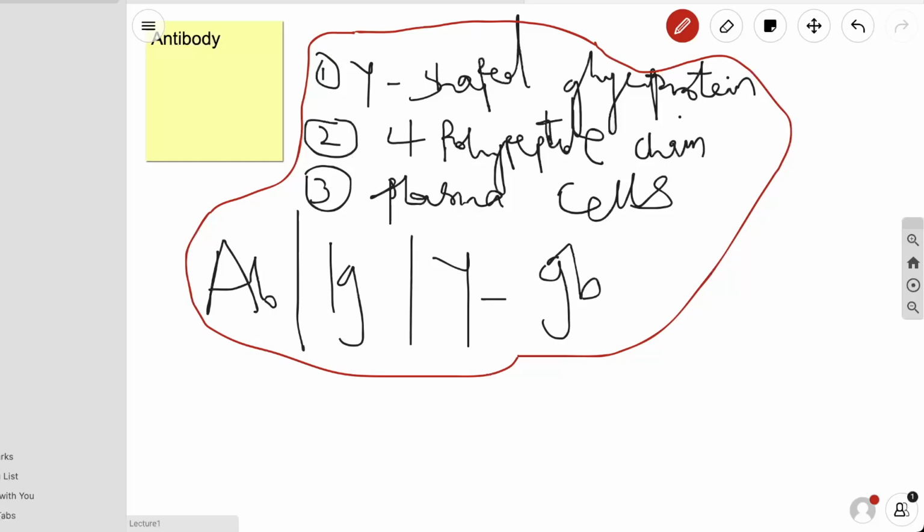Antibodies are those protein molecules which are secreted by those differentiating B cells called plasma cells. Antibody molecules specifically react with the antigen which stimulates the formation of those antibodies.